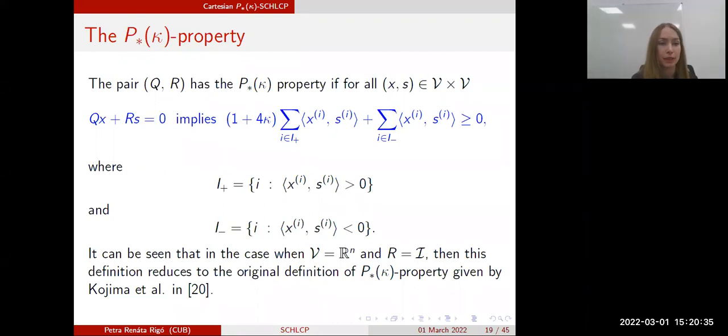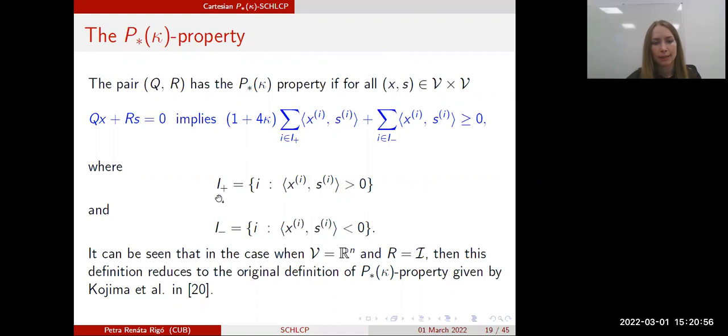So we will deal with P star kappa horizontal linear complementarity problems over Cartesian product of symmetric cones. And we say that the pair QR possesses the P star kappa property if for all X and S, this implies the following.